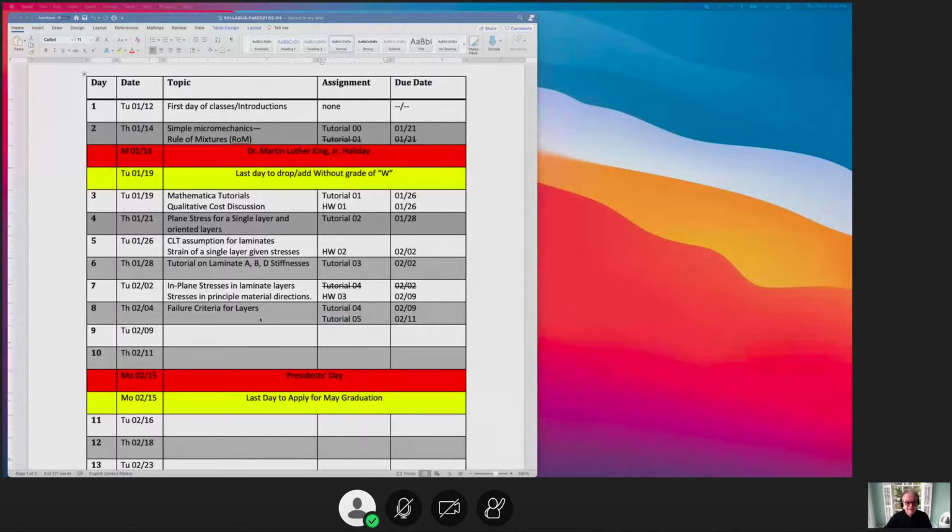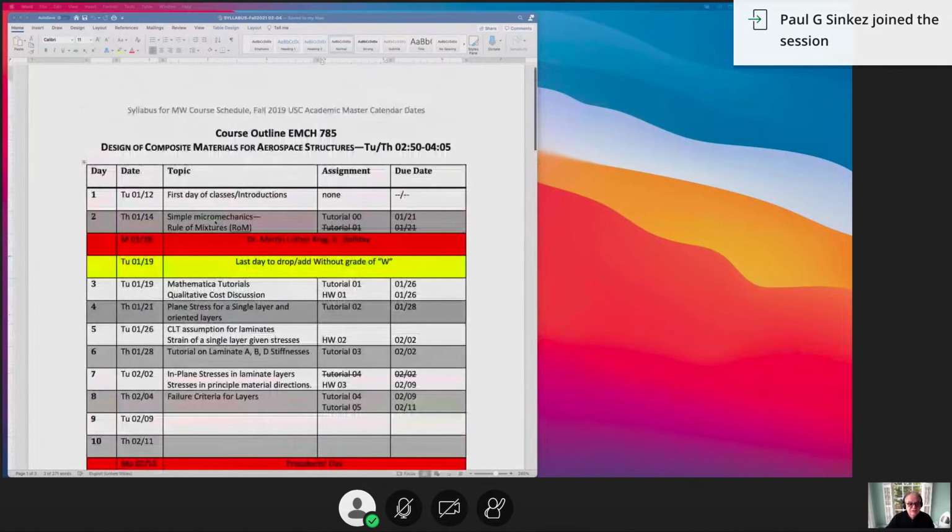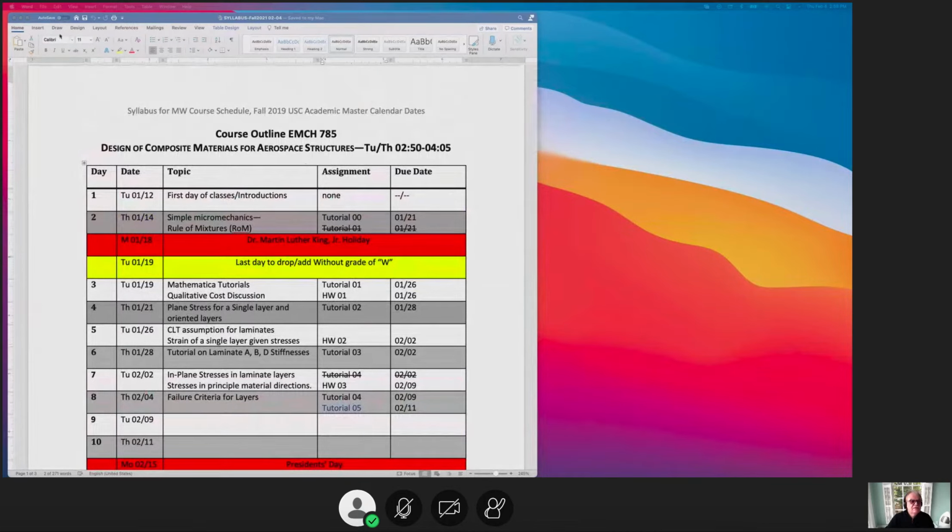So this is where we are right now. We're going to look at the failure criteria so that we will complete the stresses and stress design. And then we're going to go to stiffness design, and we're going to look at elastic properties, material property design for stiffness. All right, this latest version of the syllabus is actually on Blackboard, so you can look at this yourself.